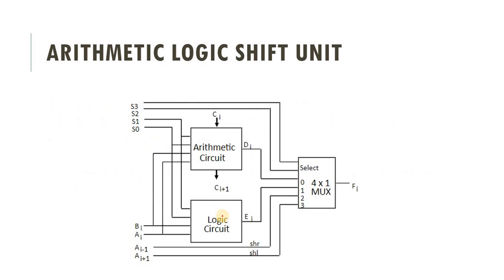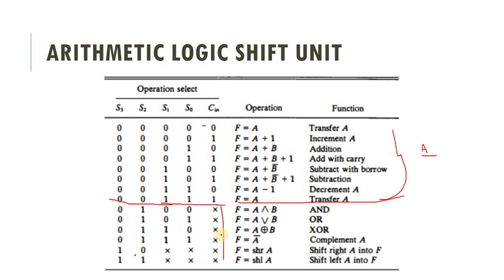In this figure you can see that the logic circuit requires the inputs S1, S0, AI and BI. As you can see in this figure, the logic circuit does not require a carry as an input, so here the carry is a don't care. So all these operations up to here are logic operations.